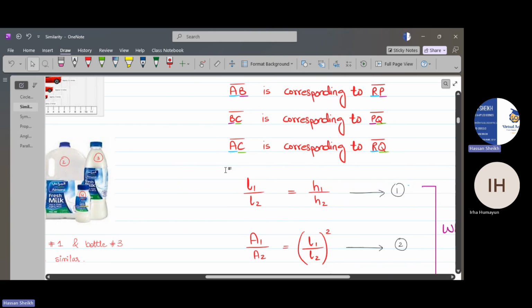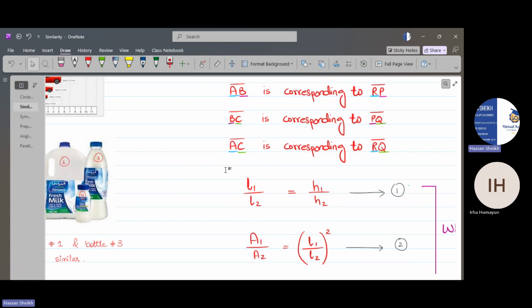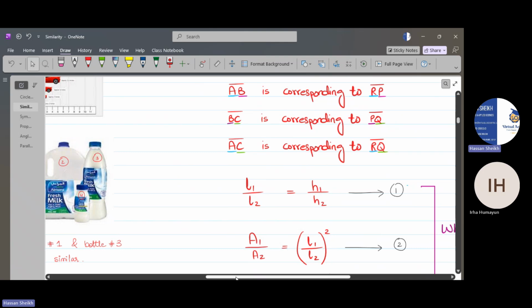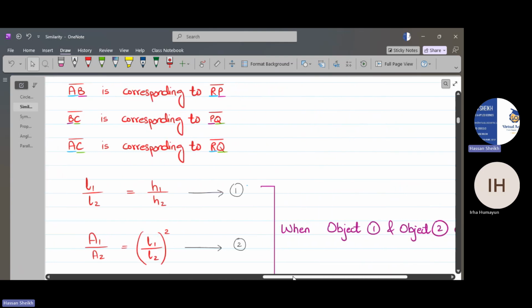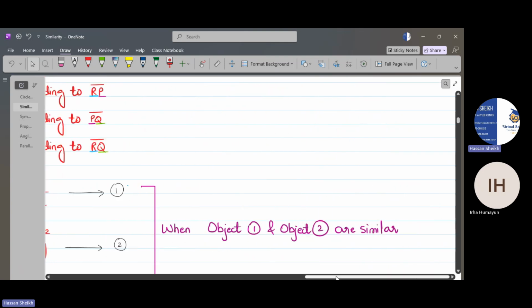The first formula is L1 over L2 equals H1 over H2. This is the linear formula. Why is it linear? Because we use this formula to find the corresponding length of two similar triangles. This formula is only applicable if object 1 and 2 are similar.